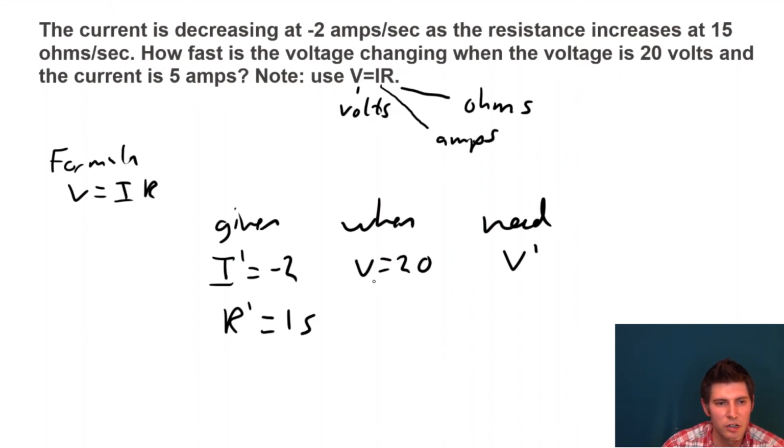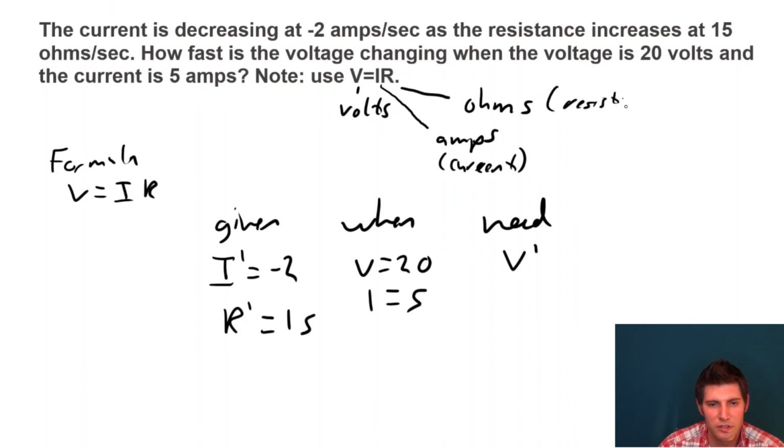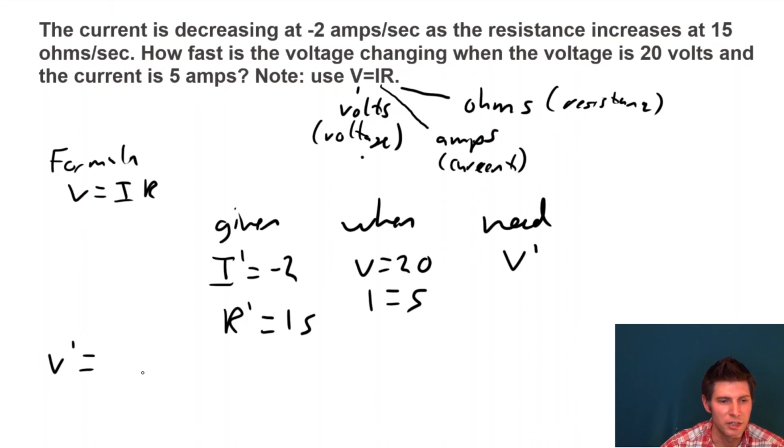And the current, which is I, is 5, because that's amps. Volts is the measurement of voltage. That's the easy one. So differentiate: V prime equals I R prime plus I prime R. Just product rule, pretty standard.